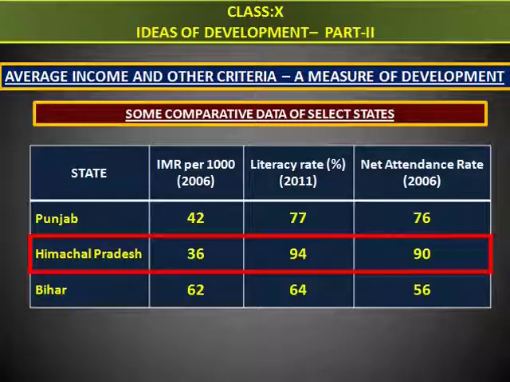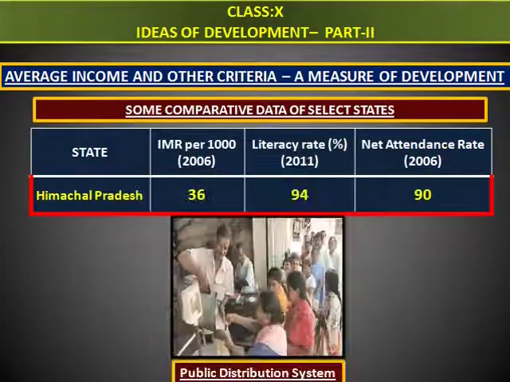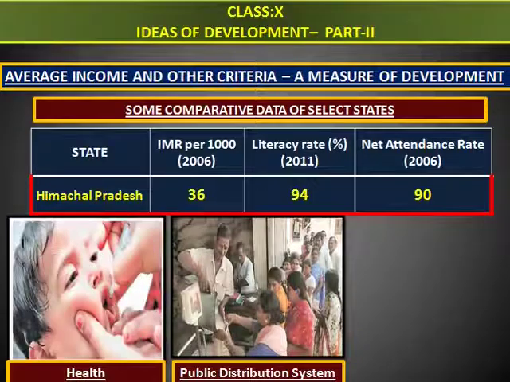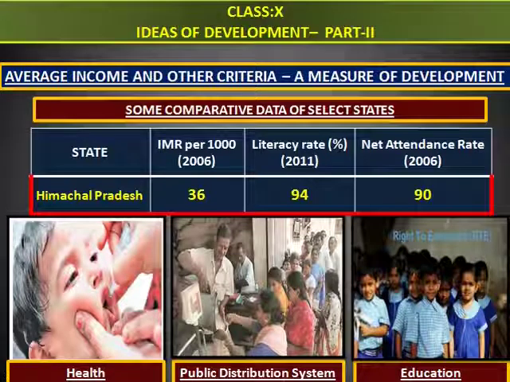It tells us that the people in Himachal Pradesh are happy. Why are they happy? The reasons are these: the public distribution system, with everybody getting food grains; second, people are healthy; and third, their education system is better improved.